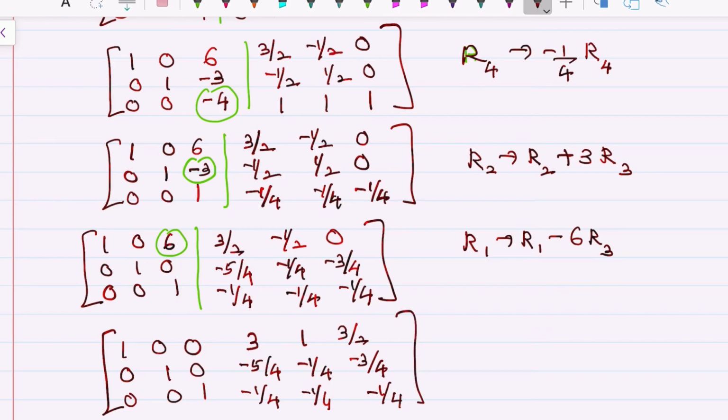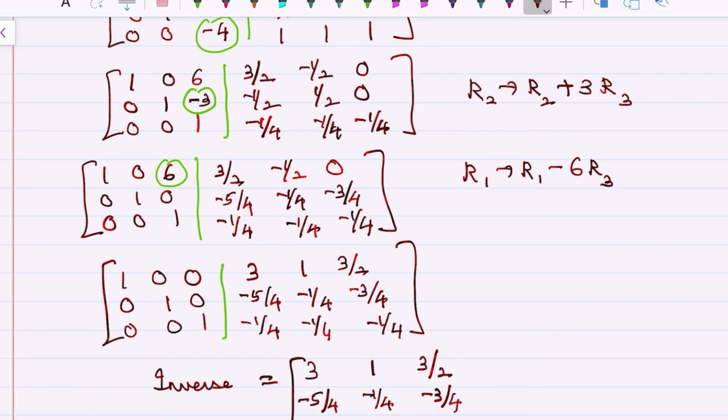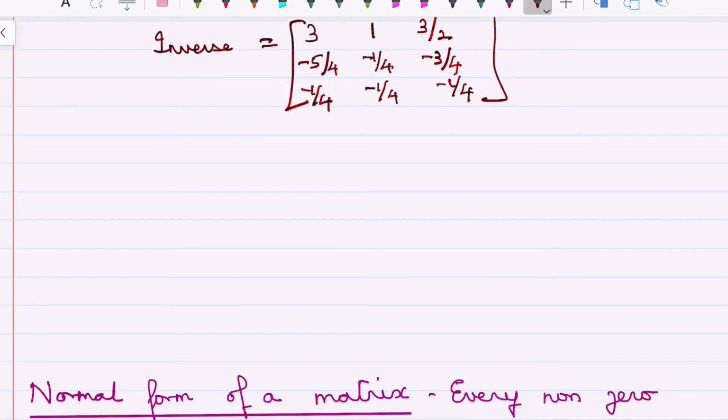By the Gauss-Jordan method, the inverse of this matrix would be this matrix, that is 3, 1, 3 by 2, minus 5 by 4, minus 1 by 4, minus 3 by 4, minus 1 by 4, minus 1 by 4, minus 1 by 4. This is what we get here.